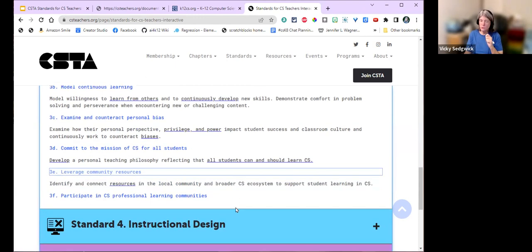Leveraging community resources, and I think this one is underused by a lot of people, is bringing in those community partners. Especially in high school, it's so great to look at what industries in the area have CS needs, bringing those people in and letting students see, hey, there is a need right in your community, right?